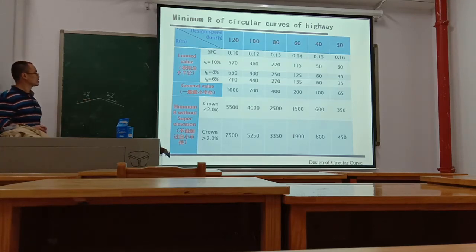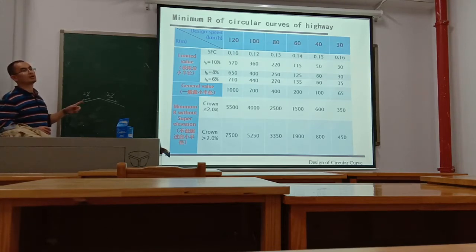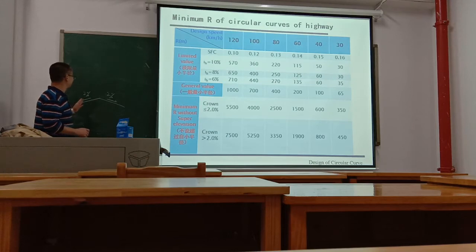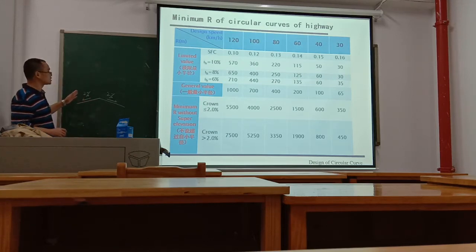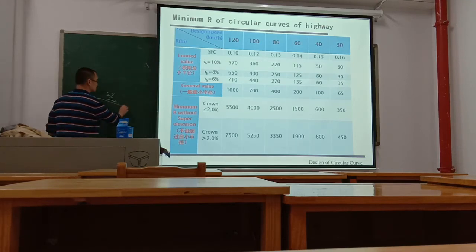The slope is from 1% to 2.5%, to guarantee the rain flows to the left road side and right road side.